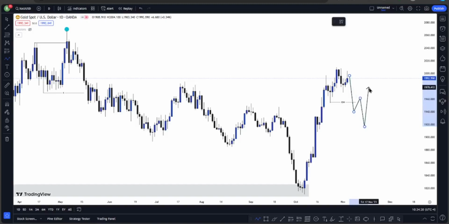Sorry, that's not what I wanted to do. So we're waiting for this inducement to be taken. We are bullish, so we are looking for this inducement. Once this inducement is taken, we can go higher. Once it's taken, then we can begin to look for either way.